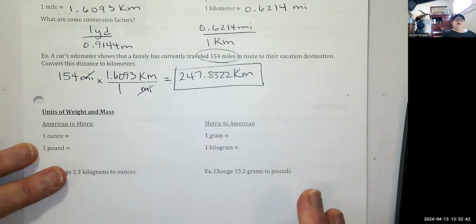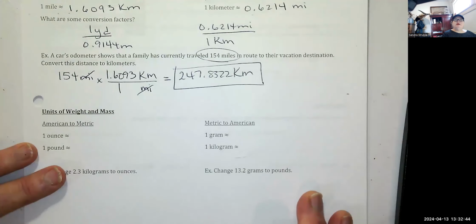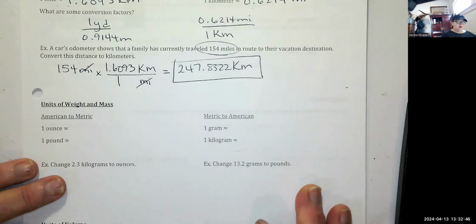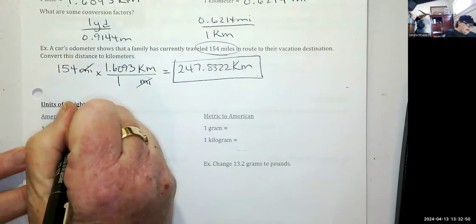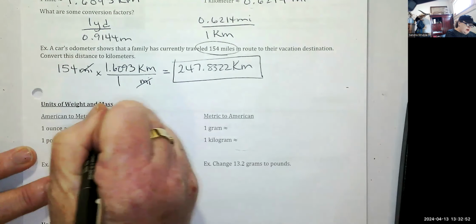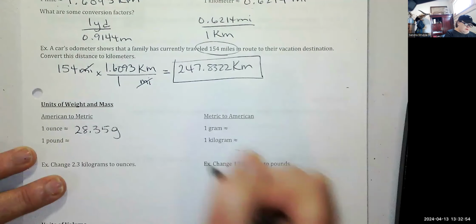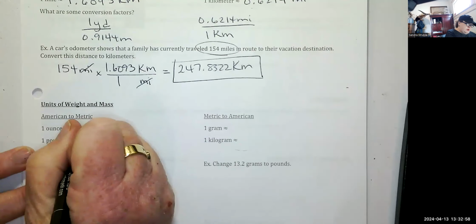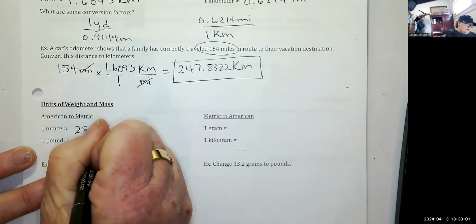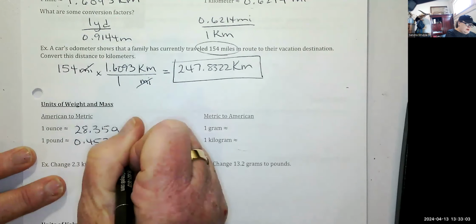Okay. Units of mass and weight. So American to metric, 1 ounce is equal to 28.35 grams. And 1 pound is equivalent to 0.4536 kilograms.